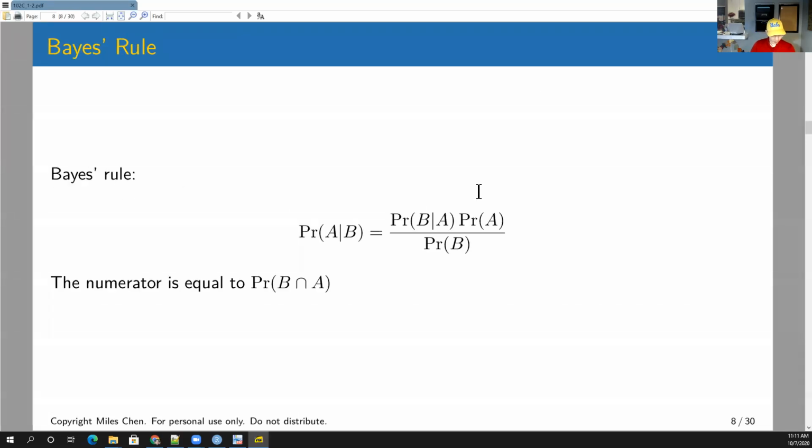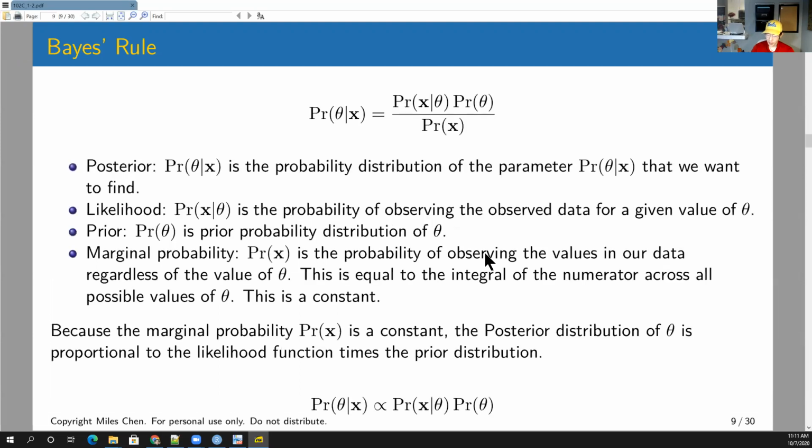All right, and so Bayesian statistics is called Bayesian statistics because we use Bayes' rule. And so Bayes' rule is probability of A given B is equal to the probability of B given A times the probability of A divided by the probability of B. And so we're going to apply this to the situation that we're in.